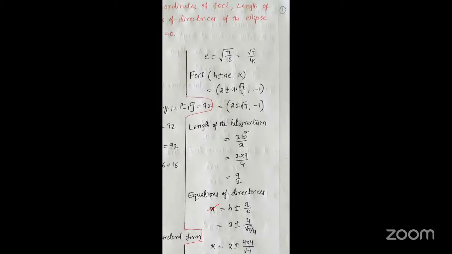So by simplifying, we get (16 minus 9), that is root 7 by 16. By applying the square root to numerator and denominator, we get root 7 by 4. Therefore, eccentricity is root 7 by 4.